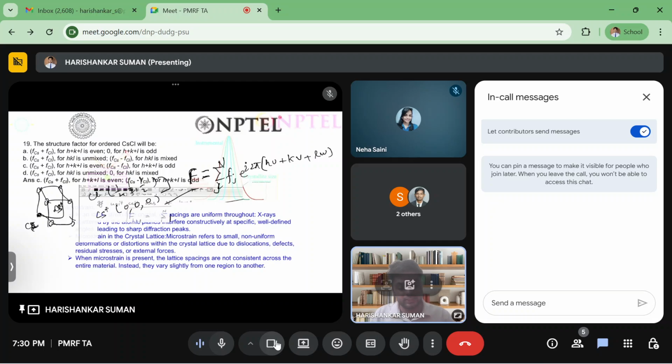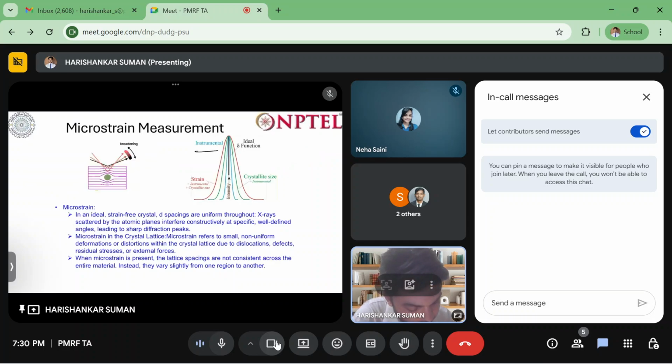So let's see the microstrain measurement given here. The instrument has instrument error, which is first. Then the ideal function should be additive, but some instrumental error, the size, and the strain in the film are present.